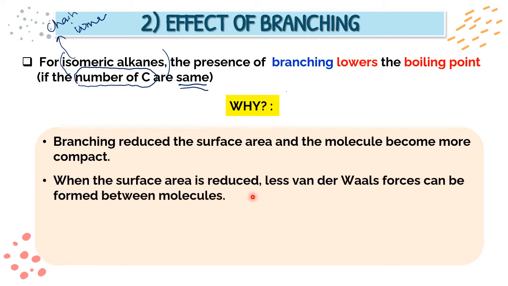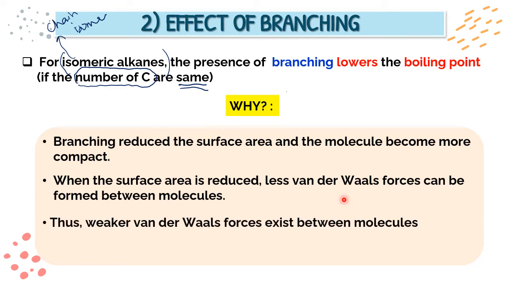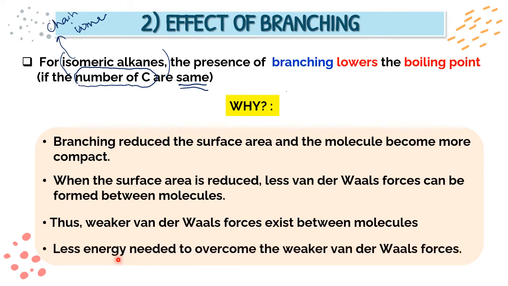When the surface area is reduced, fewer van der Waals forces can be formed between the molecules. Thus, it will weaken the van der Waals forces that exist, and lastly, less energy will be needed to overcome the weaker van der Waals forces. So now let's look at one example.